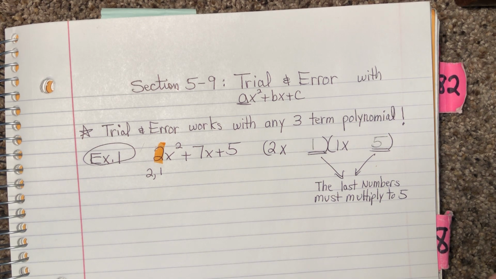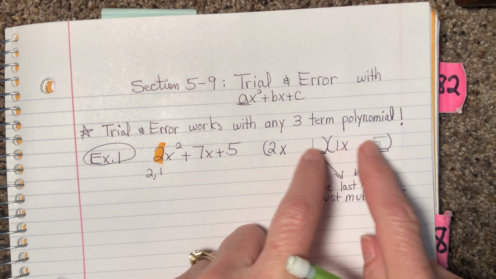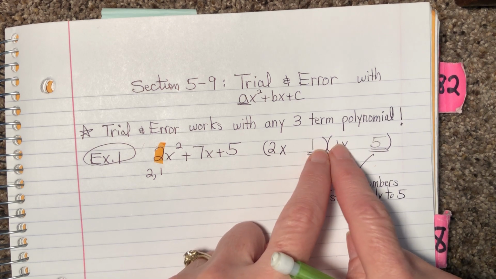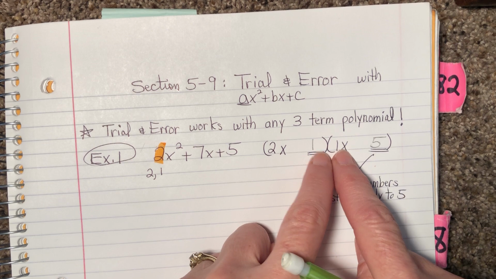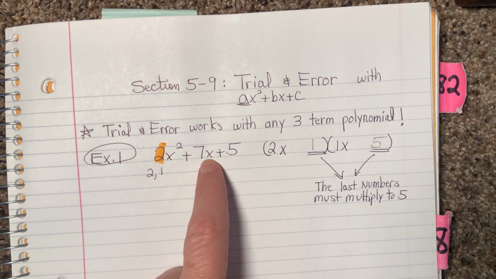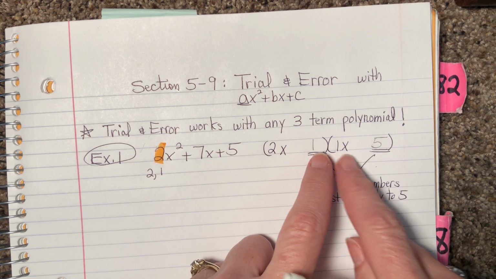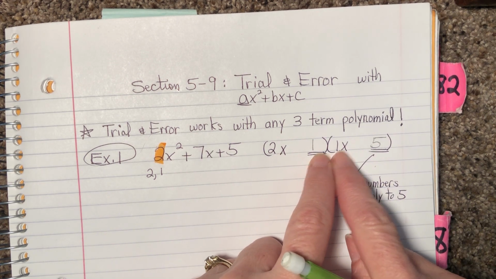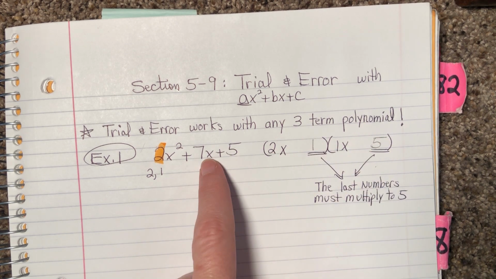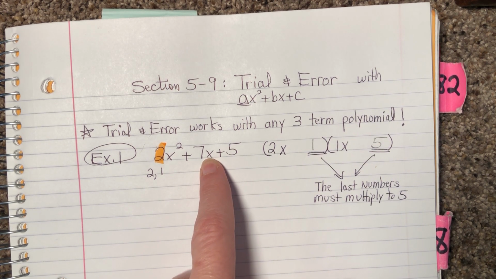Now what you're going to do is look at the inner and the outer. Remember, the inner and the outer, when you FOIL, are going to add together, and they are going to make this middle number. So without putting any signs in, just to not complicate things, even though everything's plus, figure out what the inner plus outer is going to be, and then look to see if it matches the middle term.